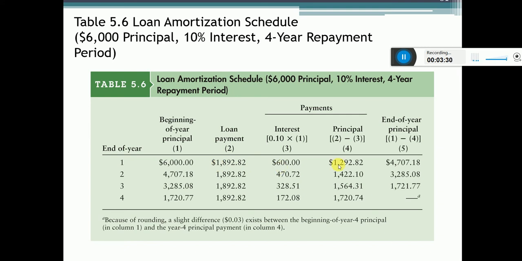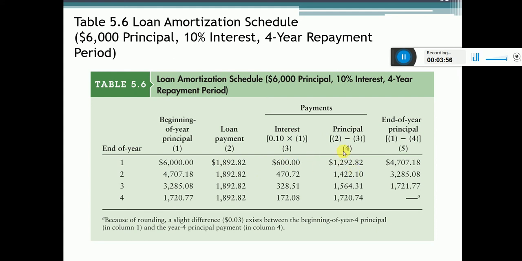So how do I know the interest? Easy, right? If I borrow 6,000, the first year my 6,000 gives me an interest equal to 6,000 multiplied by 10%, so I get 600. That means if I'm paying 1892, the remaining 1292 will be my principal payment. Make sense? If 600 is my interest, the remaining must be my principal.